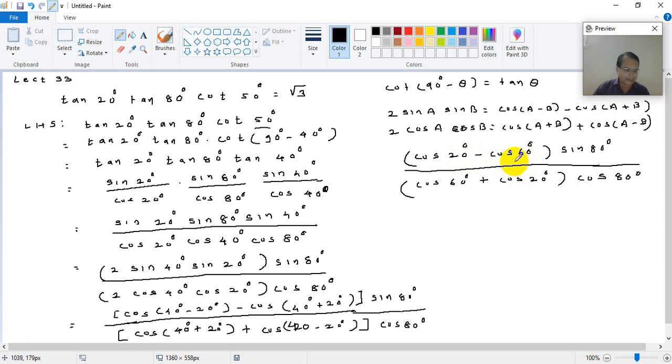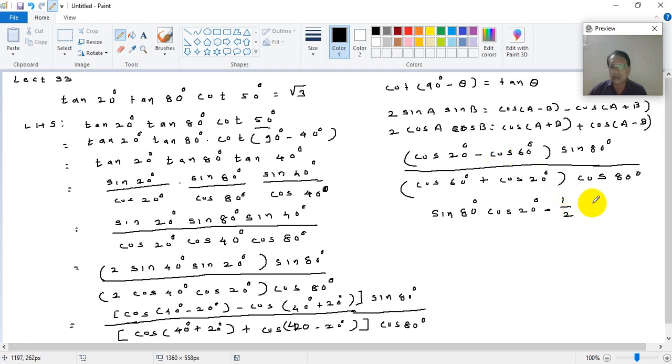See if we can do that, or what else can be done. What we can do is cos 20 into cos 80, right? This numerator, if you take, it will be this cos 20 into sin 80 minus... we can do it like this. Now multiply sin 80 degrees and cos 20 degrees. So what we can write, this is sin of 80 degrees into cos of 20 degrees, and minus cos 60 value, we should remember. Cos of 60 degrees is 1/2.